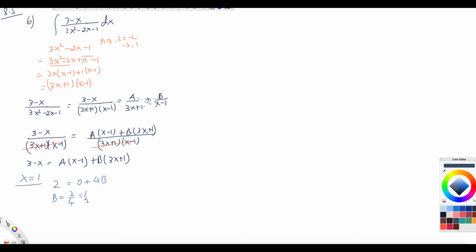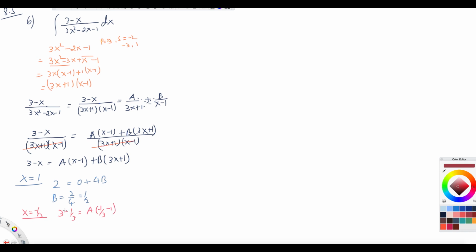What should be the next value of x we need to plug in so that another factor is 0? You need to plug in x equals −1/3. This implies 3 − (−1/3) equals A times (−1/3 − 1).